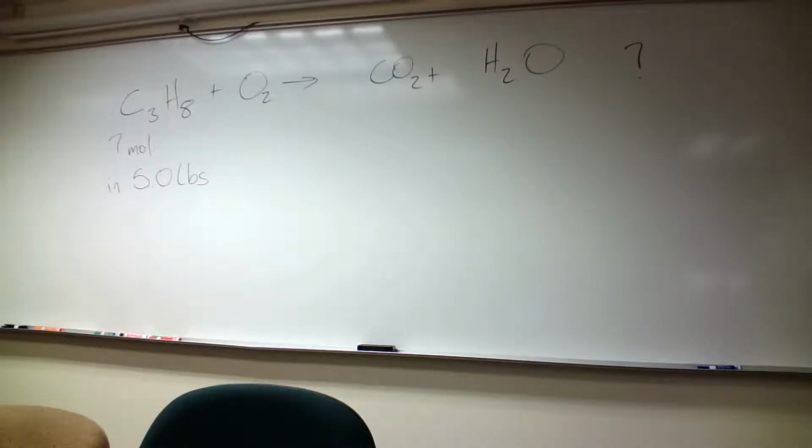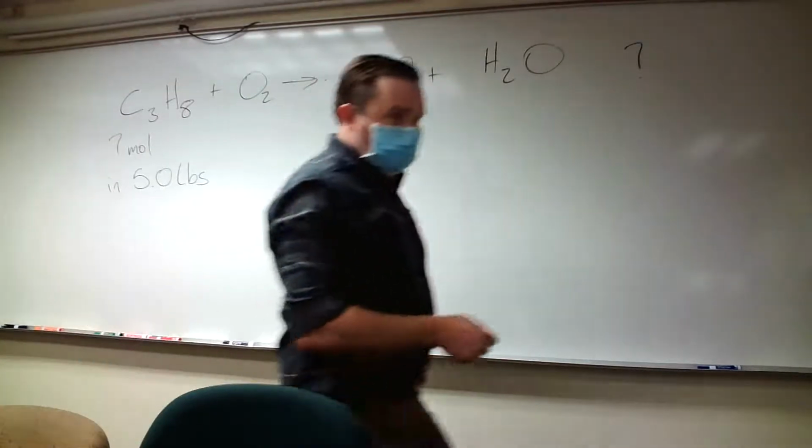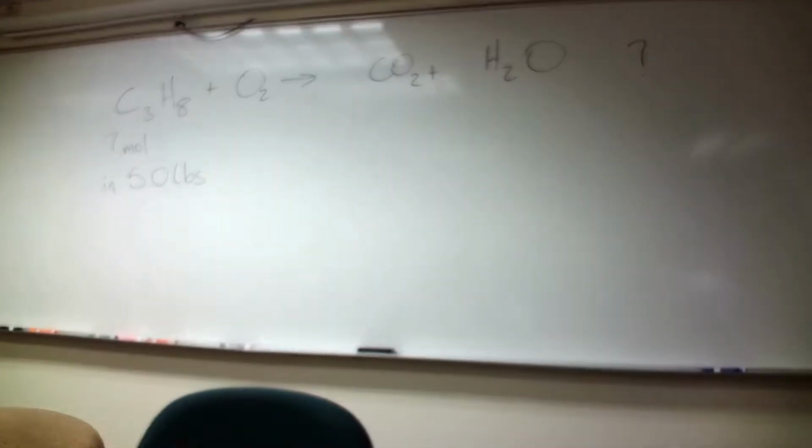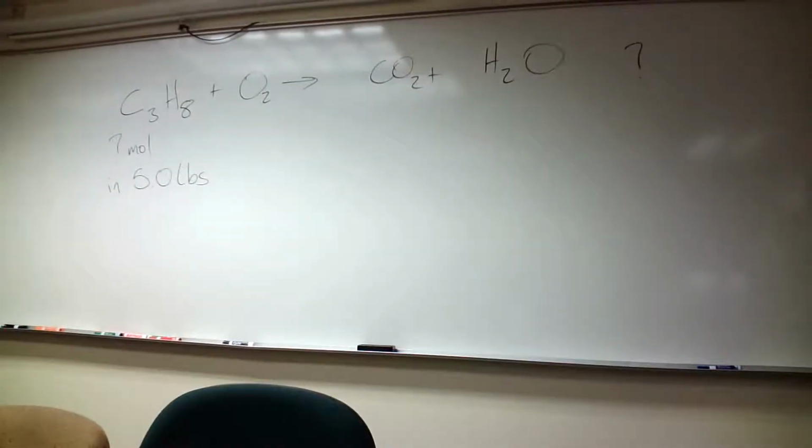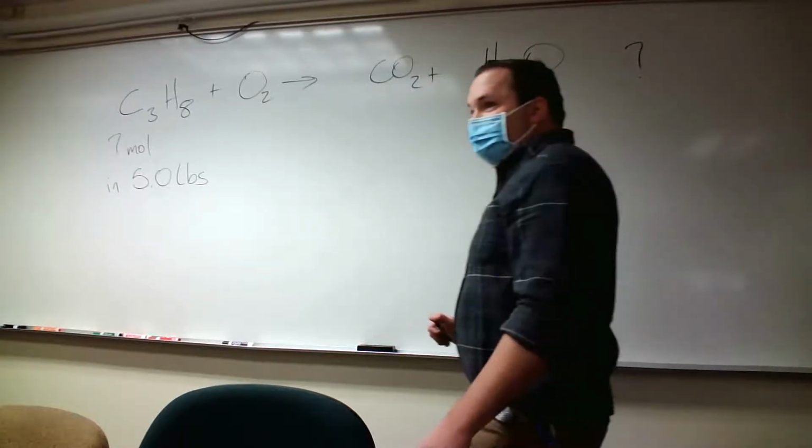And I'll also remind you, 453.59 grams is 1 pound. Just the propane. So we have 5 pounds that's just propane. I'm thinking the way you buy it at U-Haul. How many moles of C3H8?